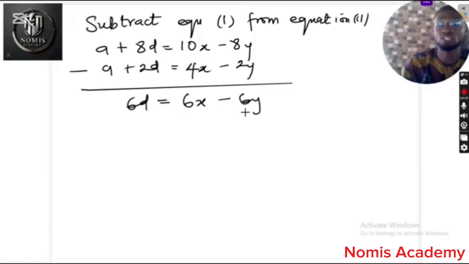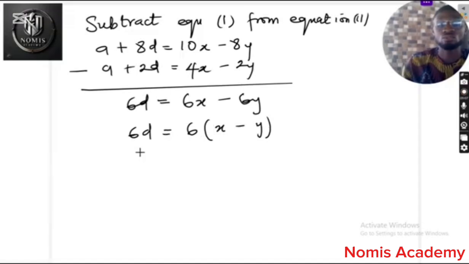This is what we have left when equation 1 is subtracted from equation 2. So I can now tell that 6d is equal to 6, let's factorize, open bracket x minus y, because when I open this bracket, I'll have 6 times x minus 6 times y, right?